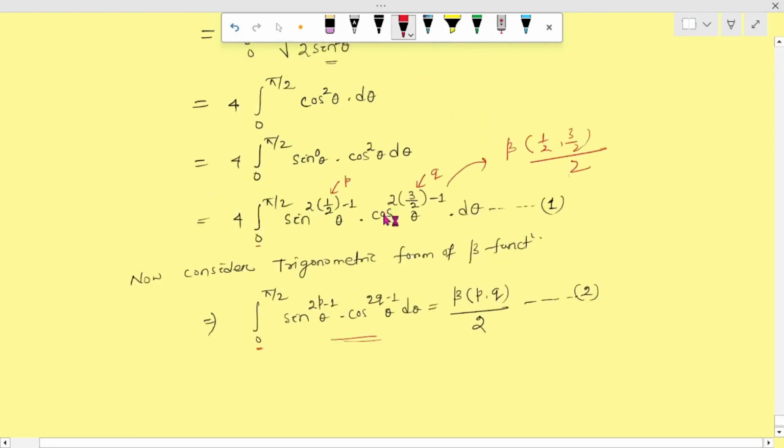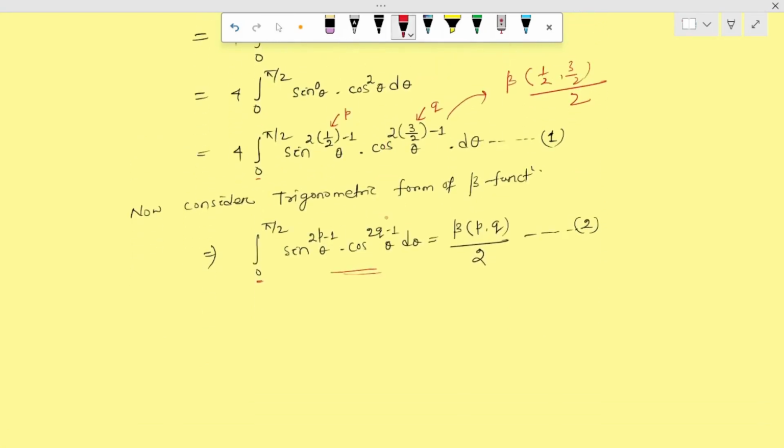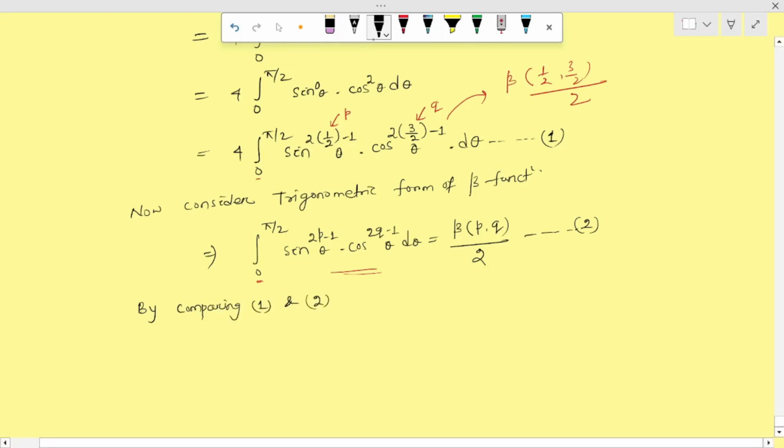Now considering the trigonometric form of beta function, comparing equation number 1 and 2, what will be the value of equation number 1?